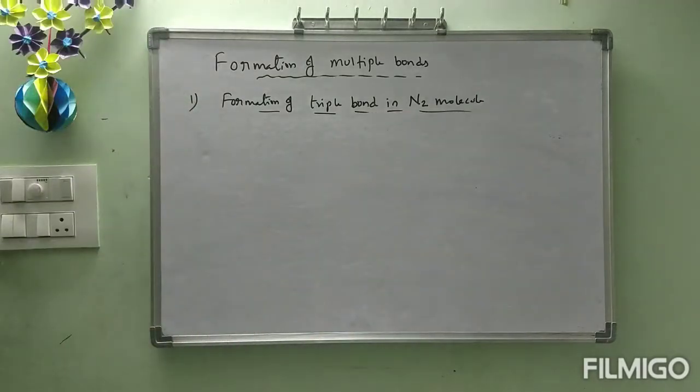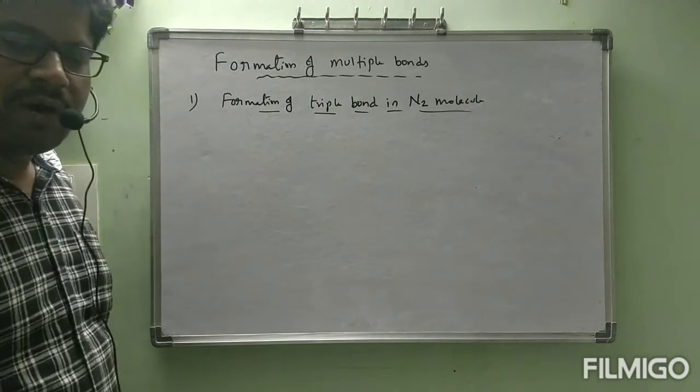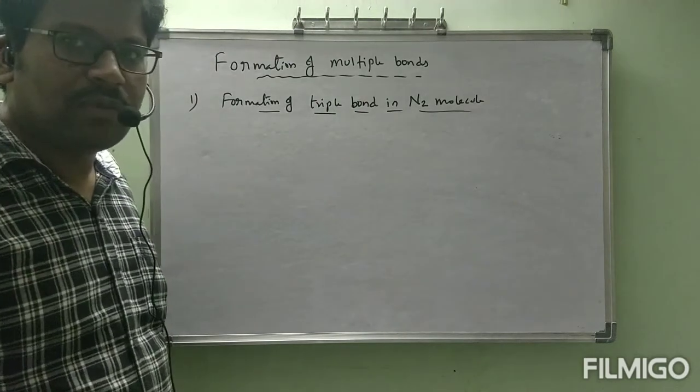What is the side heading? Formation of multiple bonds. Under that, our first example is formation of triple bond in N2 molecule. Let us see in what way triple bond is formed in N2 molecule.